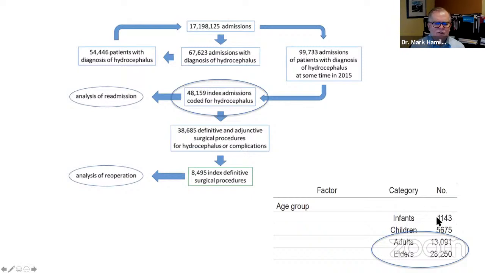Pediatric hydrocephalus is often focused in children's hospitals, especially in North America and Europe. However, in adults and elders, it's often more diffuse, and there aren't that many primary centers. In the United States, this is a really big population that needs to be looked at.